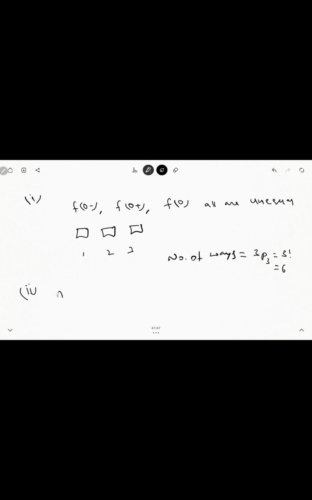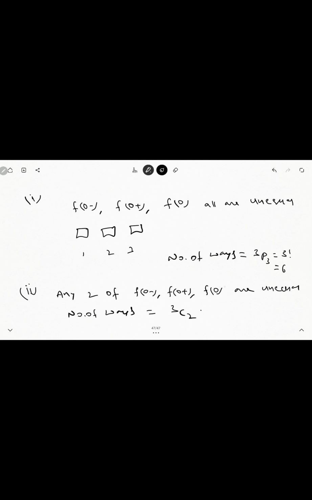any two of f0 minus, f0 plus, f0 are unequal. That is the case. Now how many ways can you fill up? Number of ways is equal to 3C2.